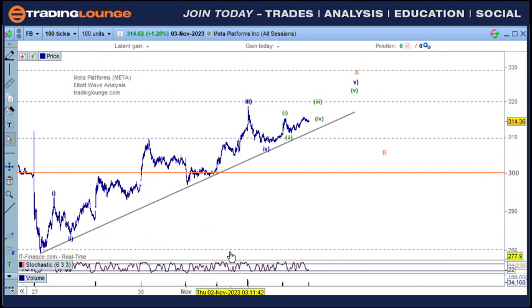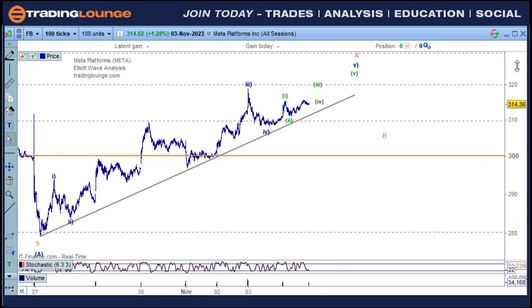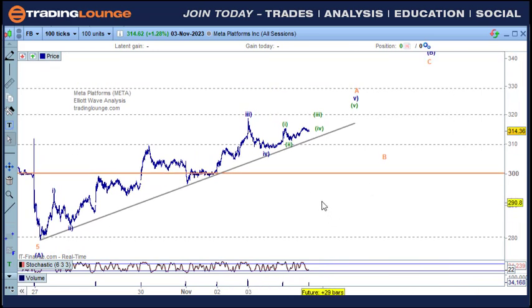I changed this count here. It looked right before, but I had wave 3 here with 1, 2, 3, 4, 5 for 3 and 4 here, which would have given me wave 5 over here, but I can see that we need to go up here further. So I started to look around about why I've got that wrong.